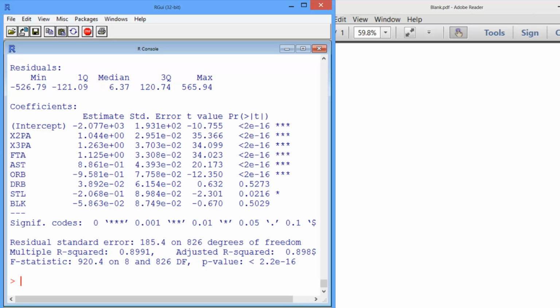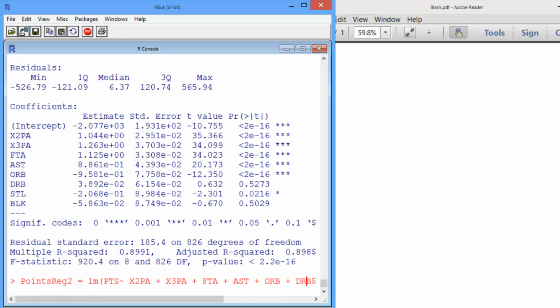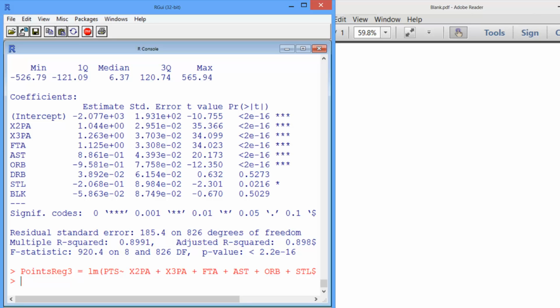And the next one we'd want to remove would be defensive rebounds. So again, let's create our model, taking out defensive rebounds, and calling this points-reg 3. Again, let's look at the summary to see if the r-squared changed.